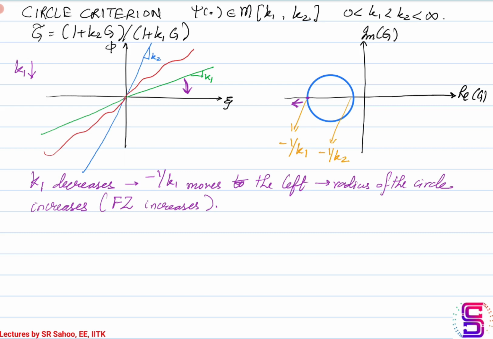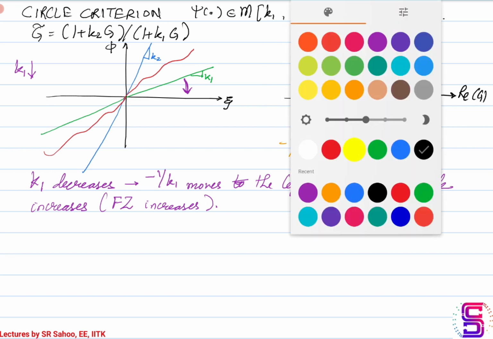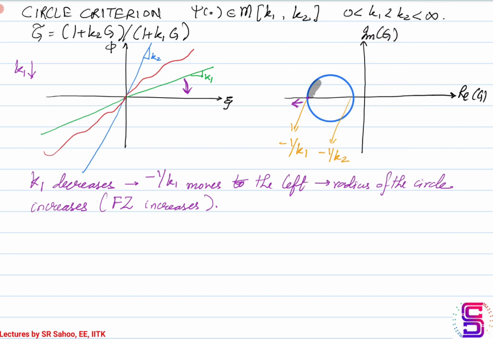Earlier, everything inside the circle, including this circle, was basically marked as the forbidden zone. This was the forbidden zone that you had.